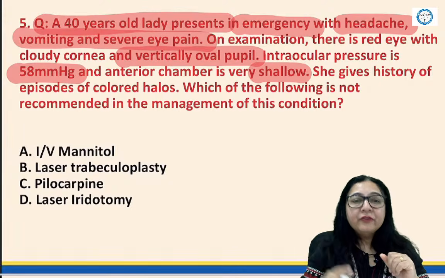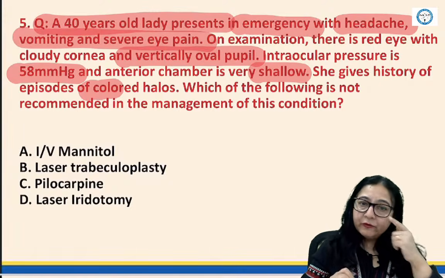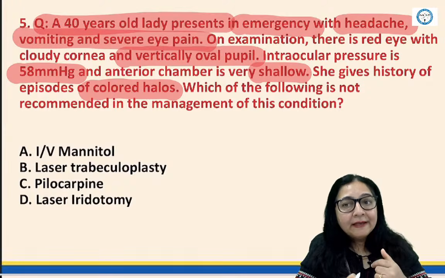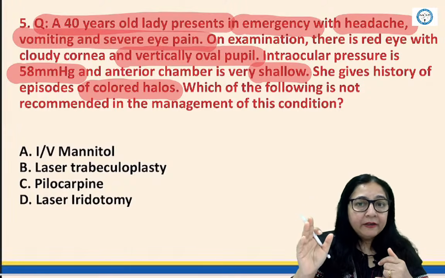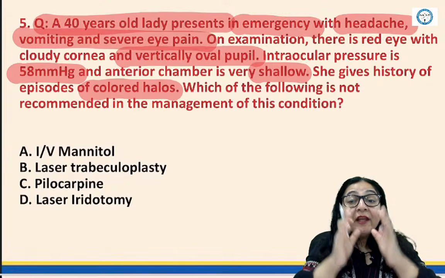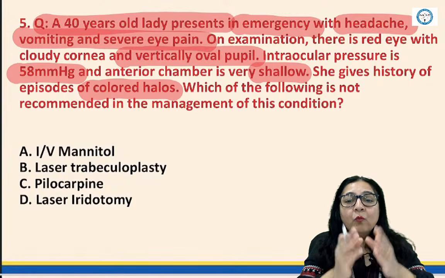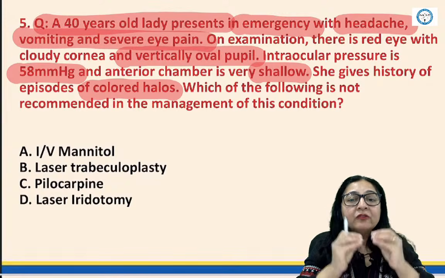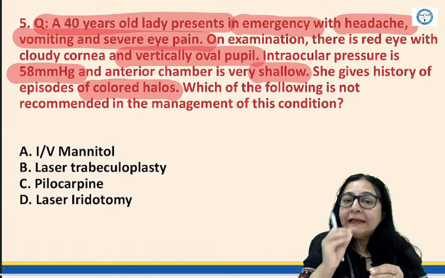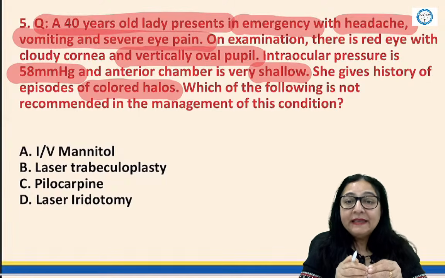There is also a history of episodes of colored halos. So painful red eye, very high intraocular pressure, shallow anterior chamber, vertically oval pupil. Because of the very high pressure, the cornea is cloudy or edematous.